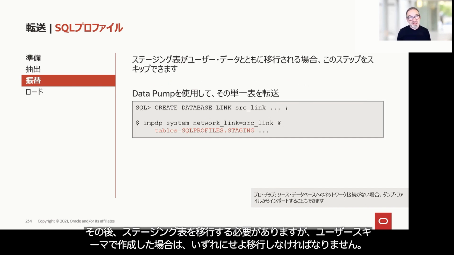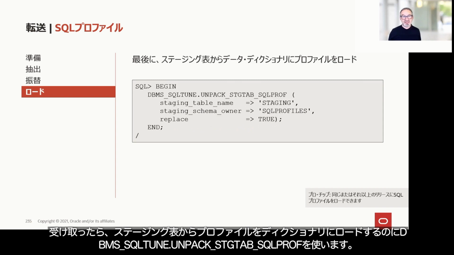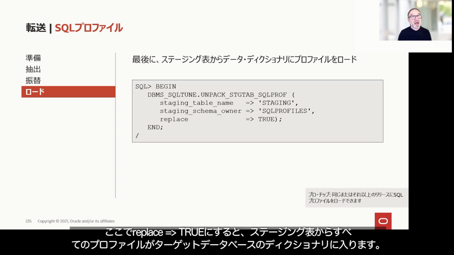Then you need to migrate the staging table over, unless you created it in a user schema you migrate anyway. And again here, create a database link and then impdp over the database link for this table and move it to the target database. And once it's received there, you load the profiles from the staging table into the dictionary with DBMS_SQLTUNE unpack staging table SQL prof, and this with replace true.